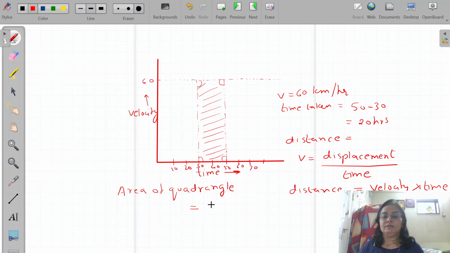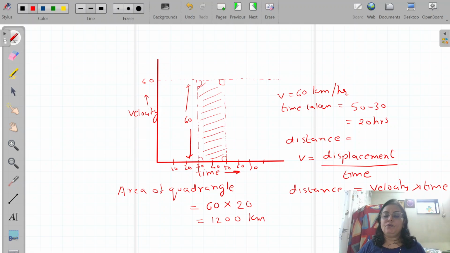We know the area of rectangle is length into breadth. So length is how much? This is 60, right? And what is breadth? Time, which is 20. So this comes out to be 1200 kilometer, isn't it?